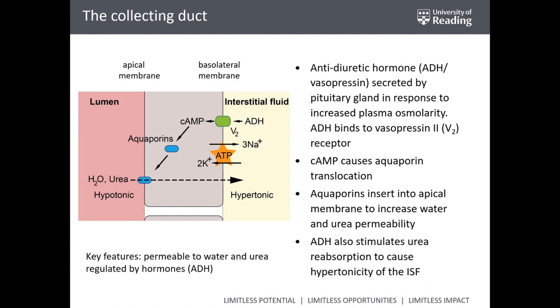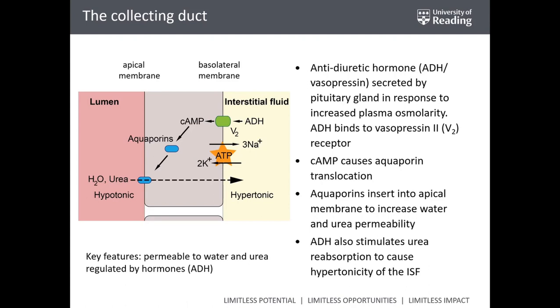I think you can see where I'm going with this, right? If ADH activates V2 receptors, which lead to increased cAMP, which leads to the translocation of aquaporins on the apical membrane, which are permeable to urea and H2O, leaving the lumen hypotonic and the interstitial fluid hypertonic because of the movement of urea, then water will follow.